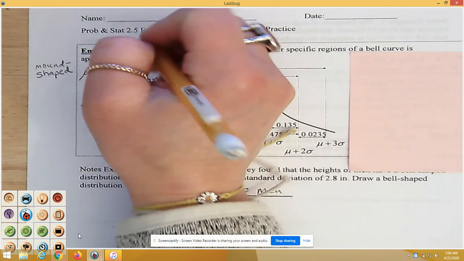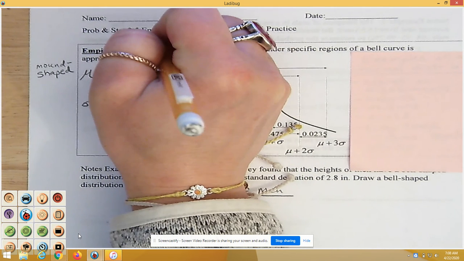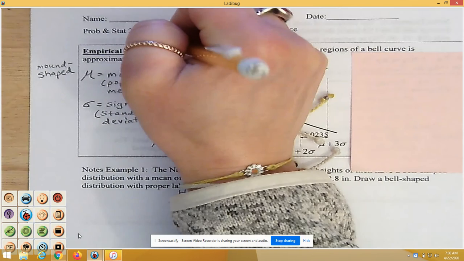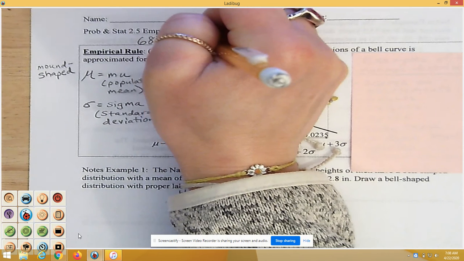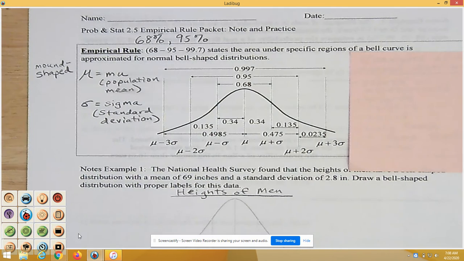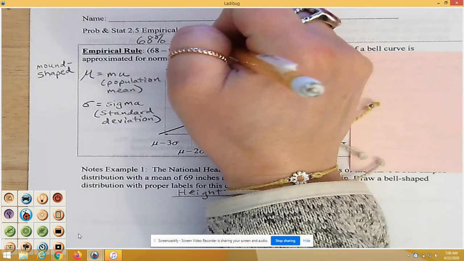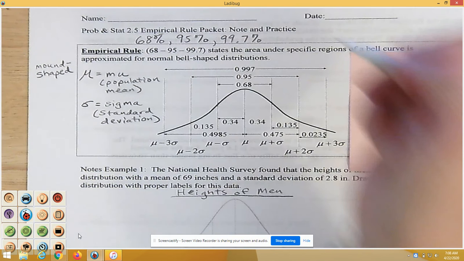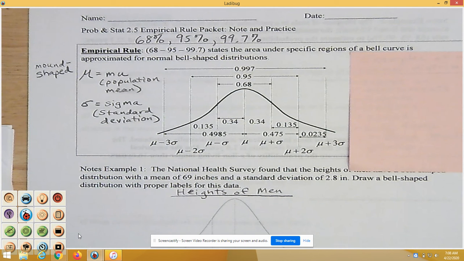So this is 68% for one standard deviation, then 95% of the data lies within two standard deviations, and then 99.7% of the data lies within three standard deviations. So what this is telling you is the area under specific regions of a bell curve, as long as the data is normal.